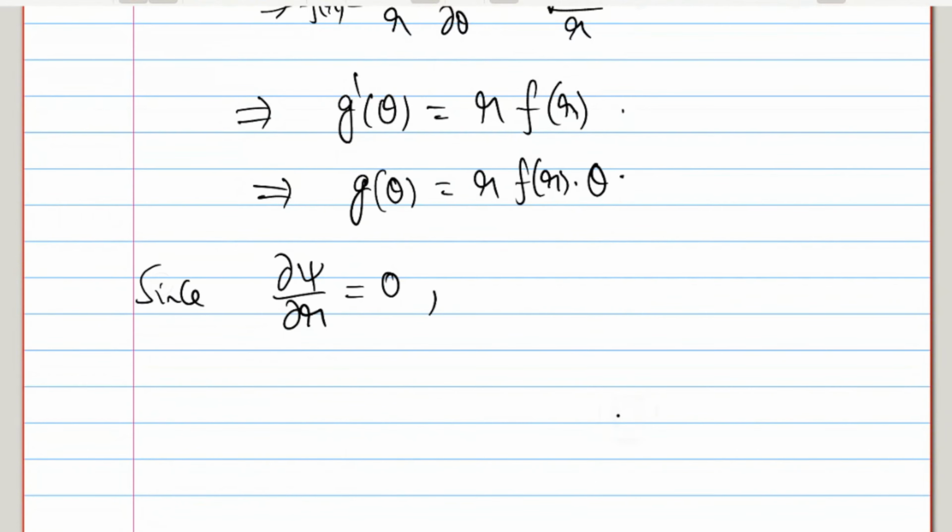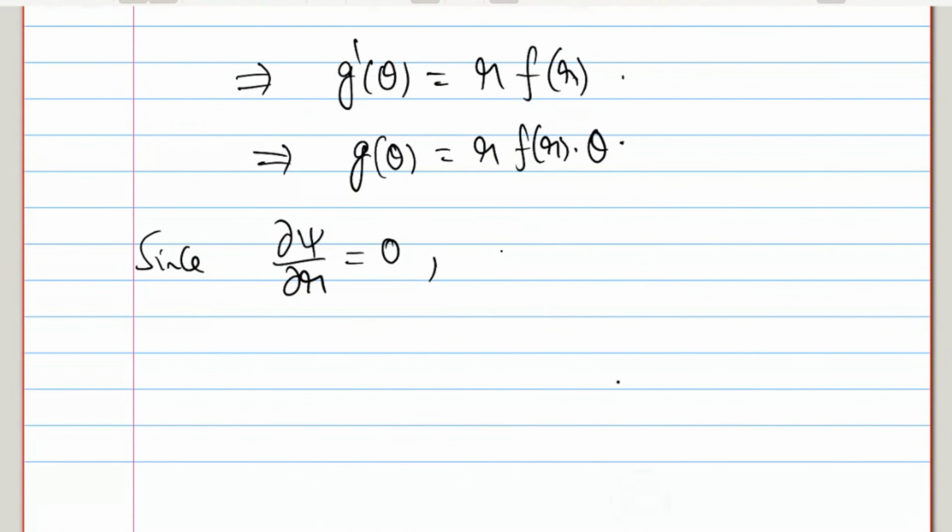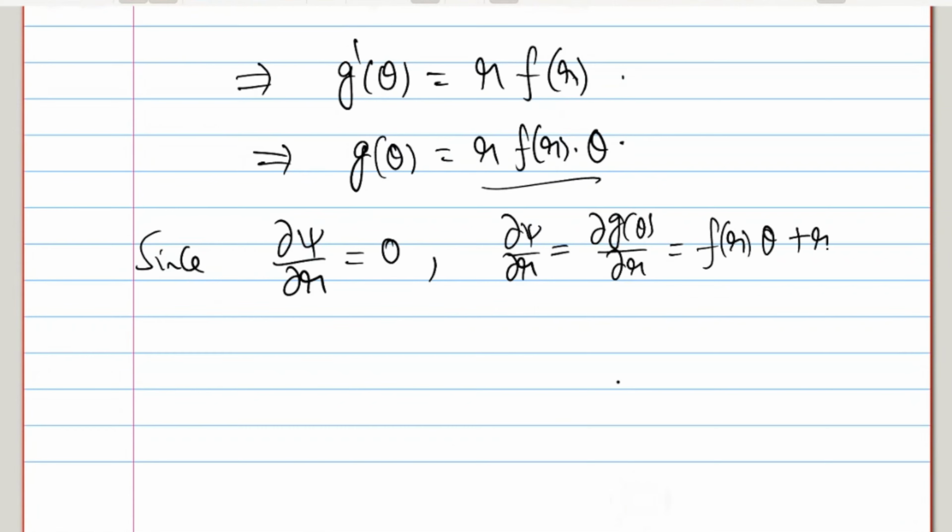So what is your psi? Psi is basically g of theta, right? So dou psi by dou r equal to g of theta times dou f by dou r. So if you do that, what do you get here? f of r theta plus r into f dash of r theta, right?